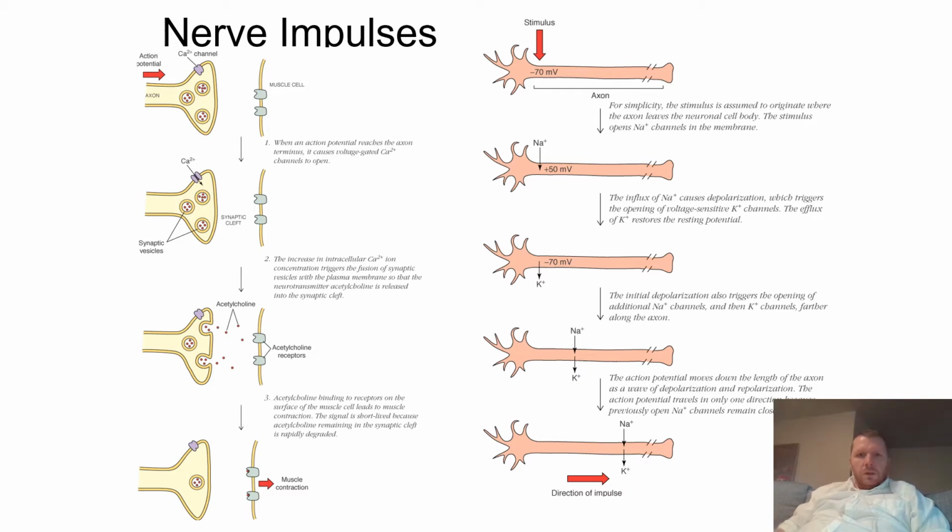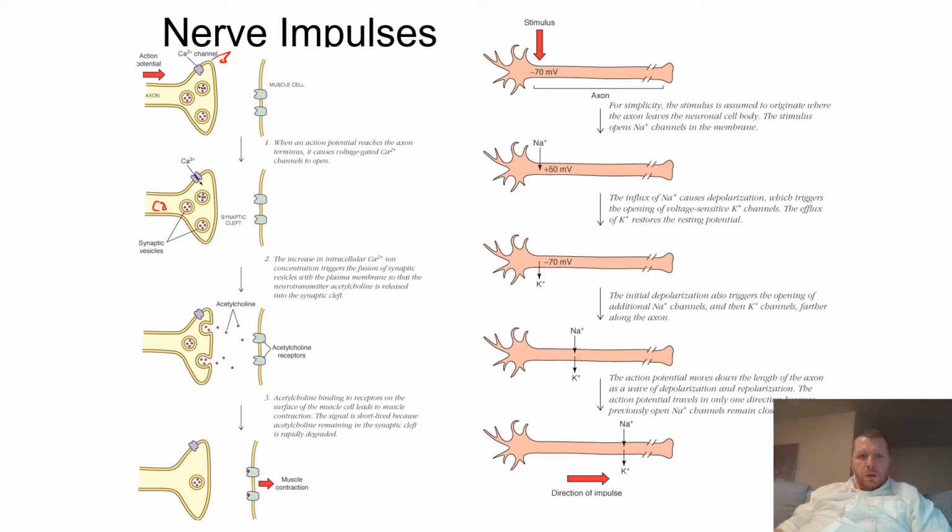This causes this voltage-gated calcium channel to open up. So this channel is going to open up, enabling the extracellular calcium ion concentration to move in here. So we've got all these calcium ions that are going to be flowing in here.